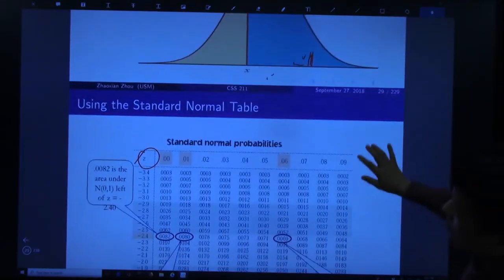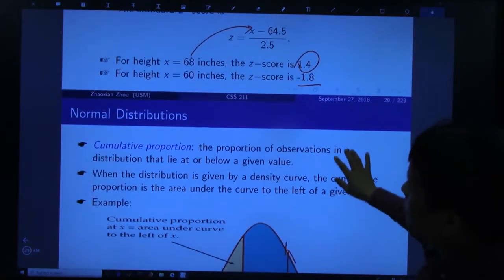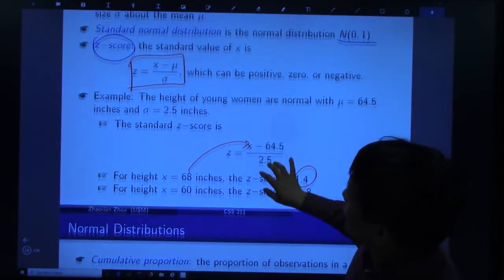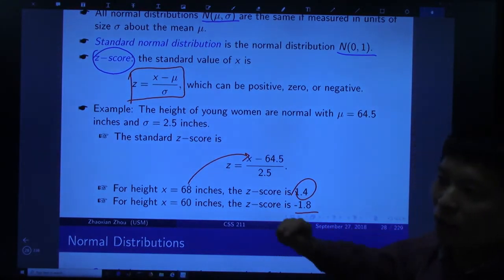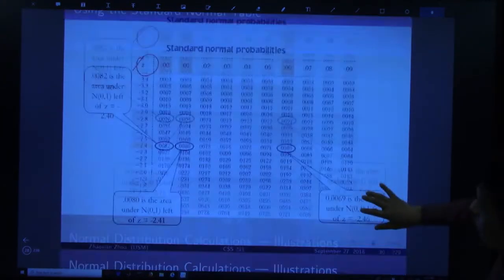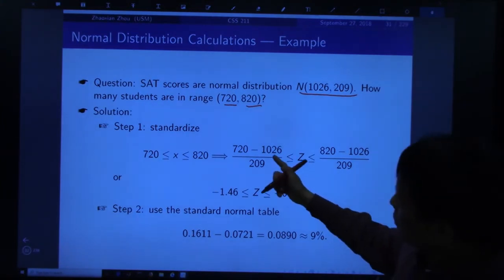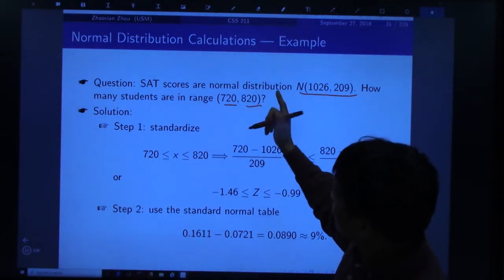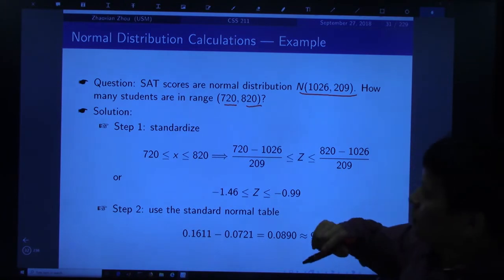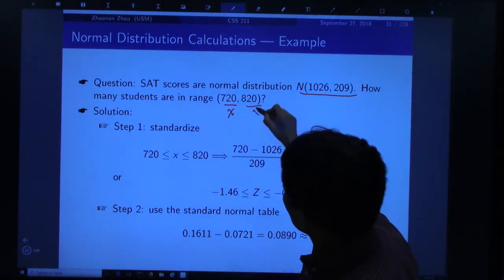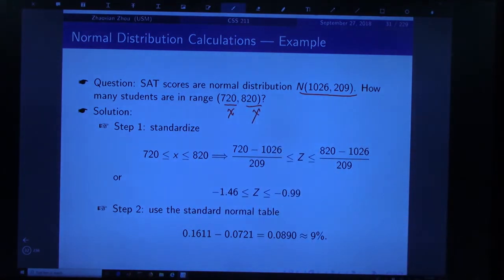The z-score formula is x minus the mean, divided by the standard deviation. We need to memorize these formulas. Here we need to calculate two z-scores, one corresponding to each x.